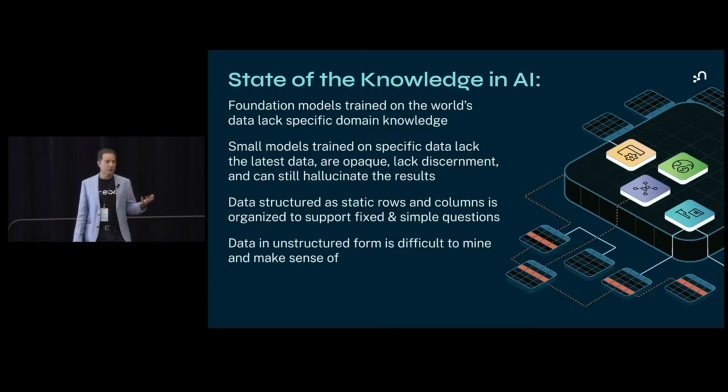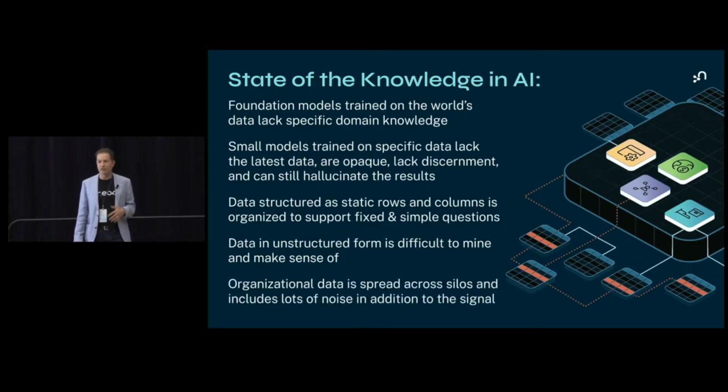Now, I can look at other unstructured forms of data, but that tends to be difficult to mine and make sense of, and as I pointed out earlier, vectors are completely opaque, and arguably a one or two trick pony. And then organizational data is spread across silos, so how do I bring the knowledge from across the silos so that my agents can share the intelligence of the entire company, not just what's in one system?